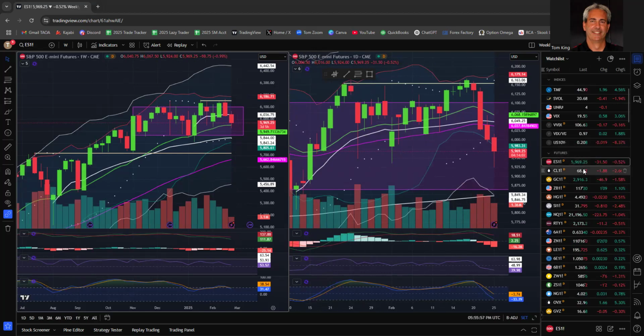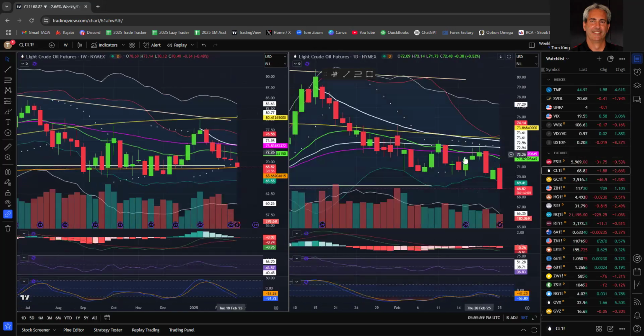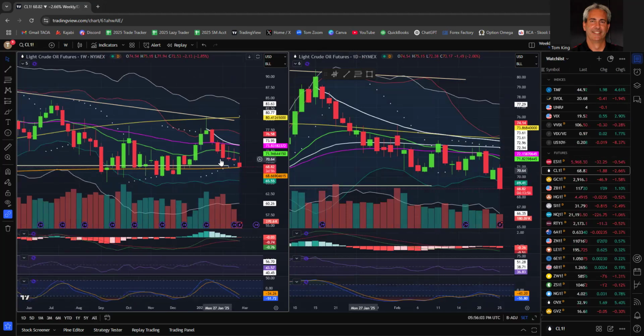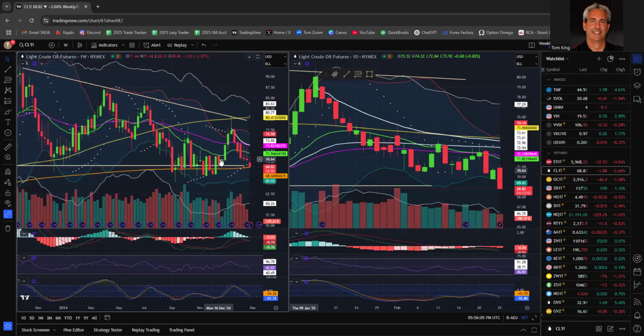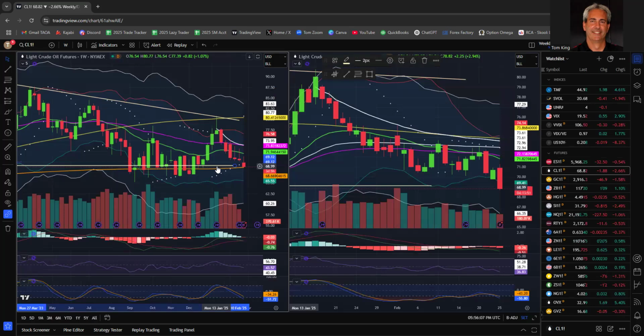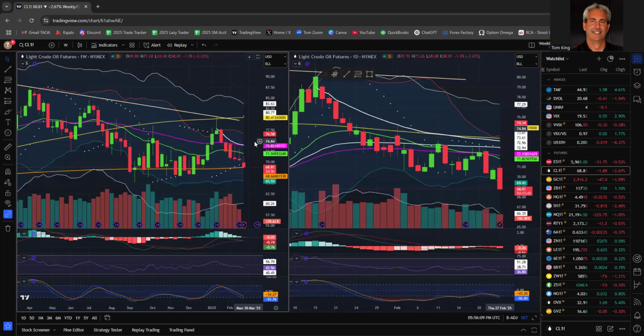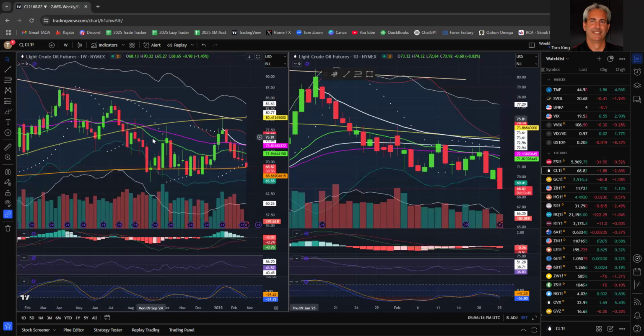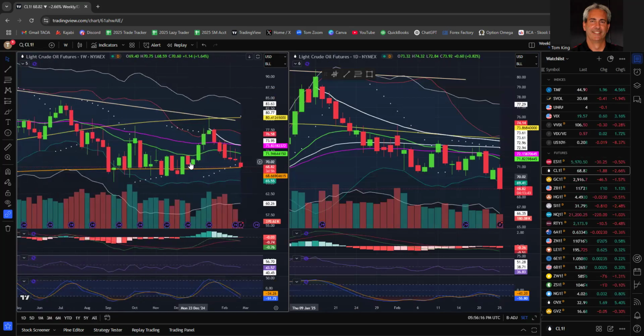Now, let's go on to oil. Same type of analysis here on oil. The 21-day moving average is below the 50 on the weekly. Green below the magenta line. This is a definite downtrend, right?